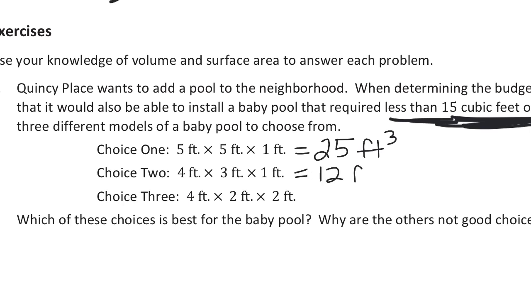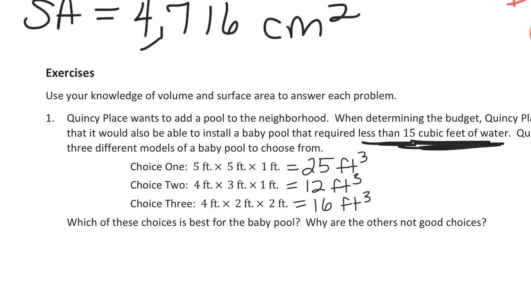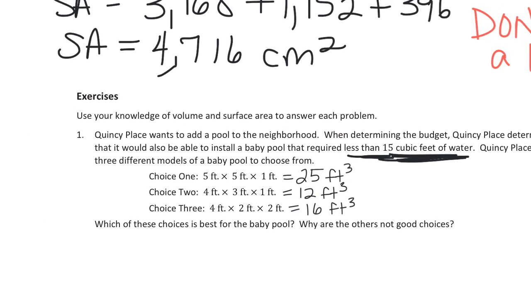So 12 cubic feet. And choice 3, 4 times 2 times 2. So 4 times 2 is 8, times 2 is 16 cubic feet. So it says which of these is best for the baby pool? Well, it has to be less than 15 cubic feet of water. So choice 2.